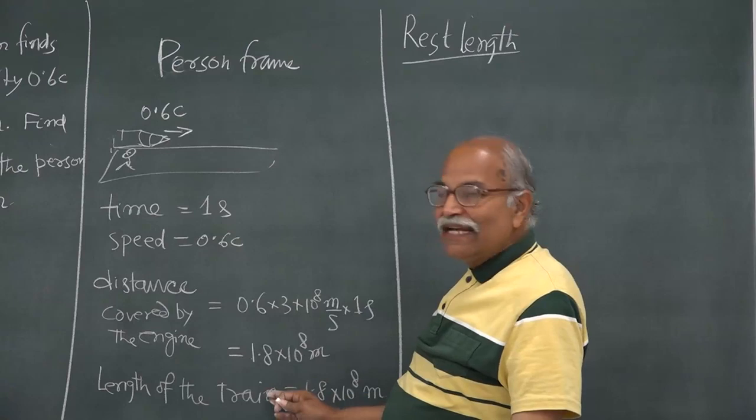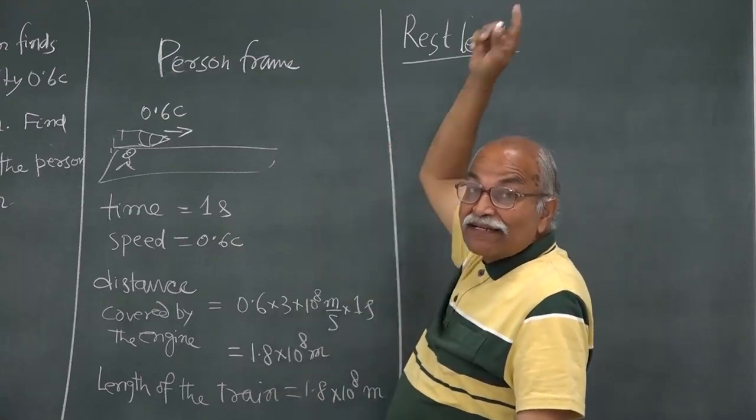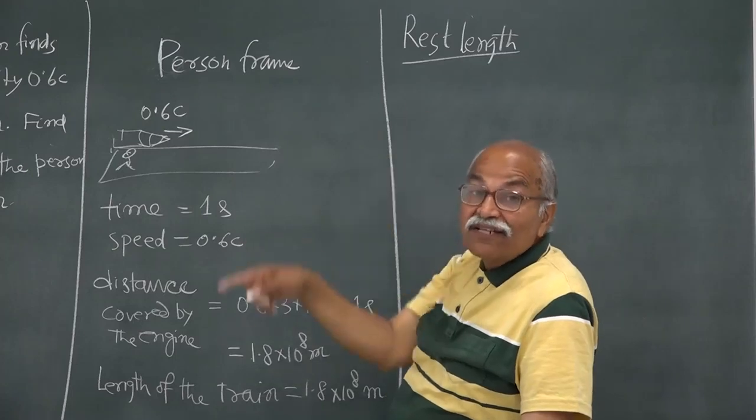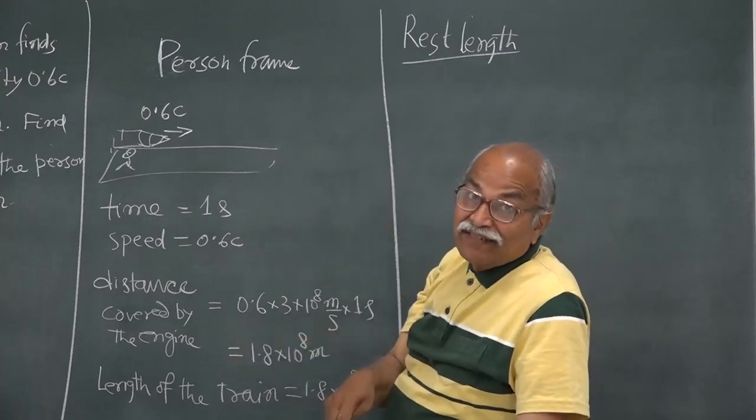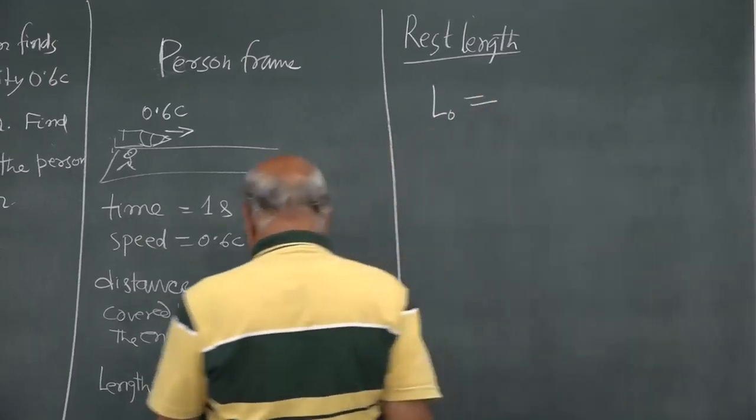So, this is the moving length and this is the rest length from the train's frame, and rest length is always larger than the moving length.